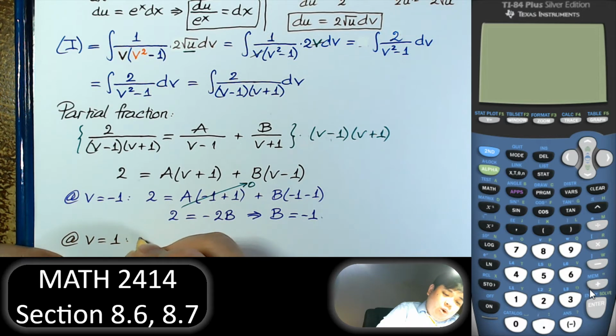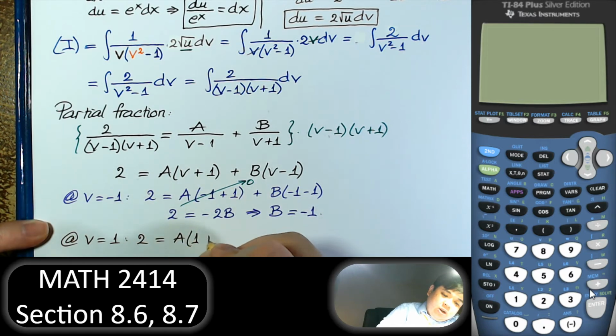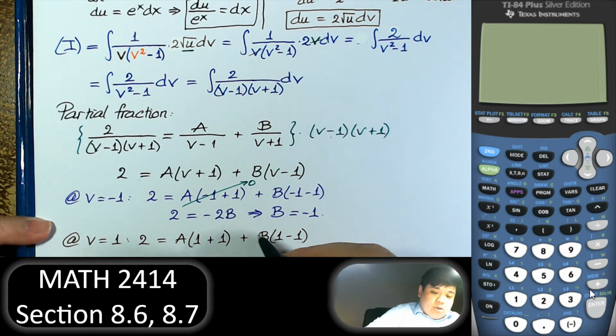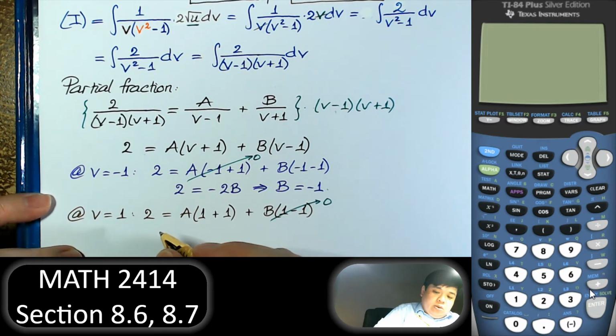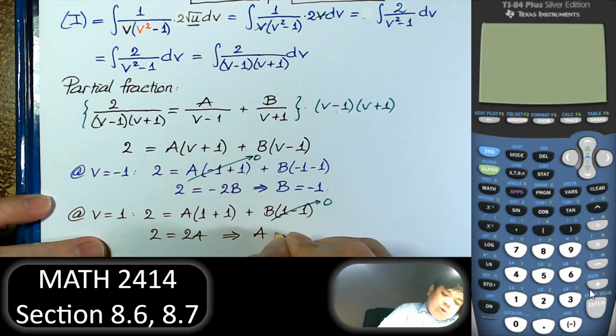Now, v equal to 1, substitute in here, we have A times 1 plus 1, B times 1 minus 1. Now that goes to 0. And this gives 2 equal to 2A. So A is equal to 1.